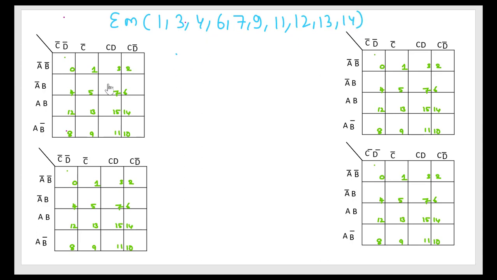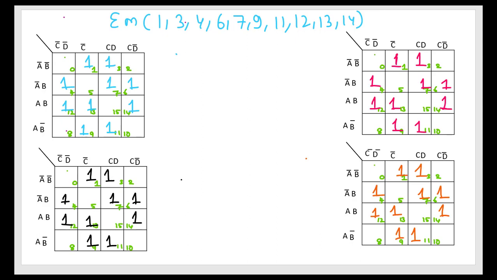We'll try to fill 1, 3, 4, 6, 7, then 9, 11, 12, 13 and 14. Similarly we will fill all the other 3 4 variable K maps also.